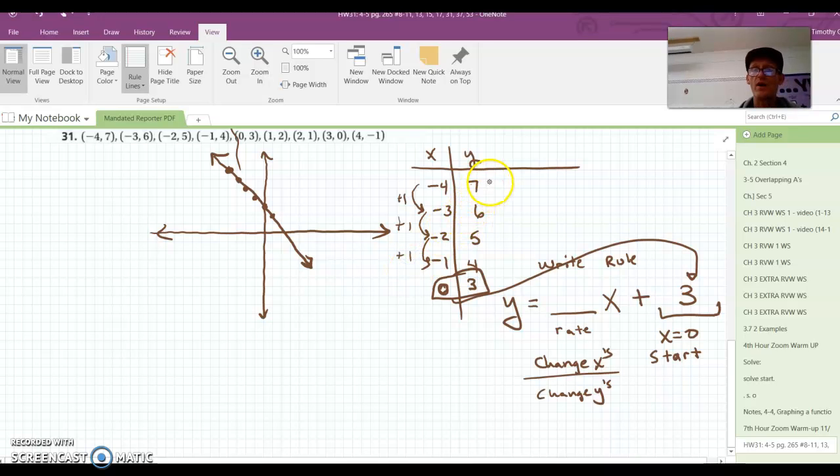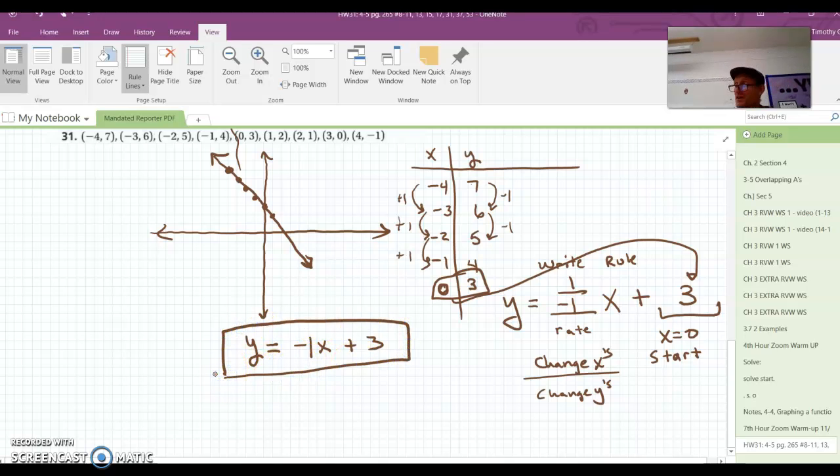And then the y's go minus 1. So this one is minus 1 over plus 1. So the answer to 31, the rule, is y equals negative 1x plus 3.